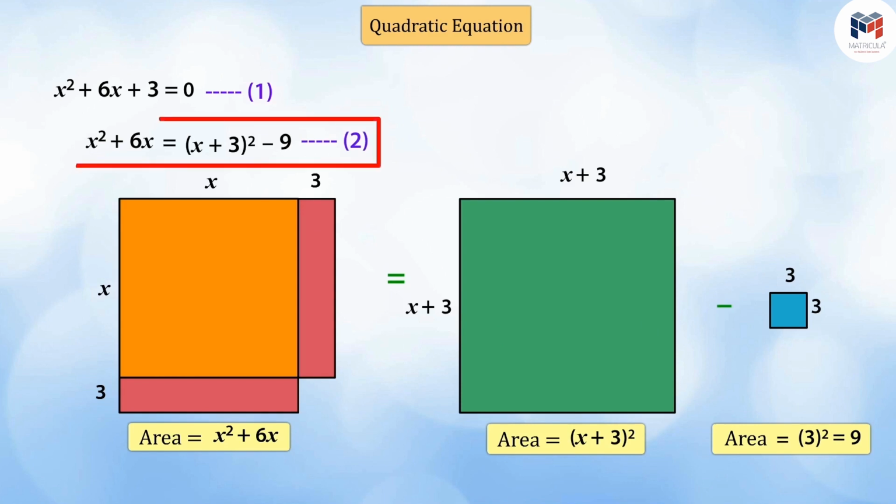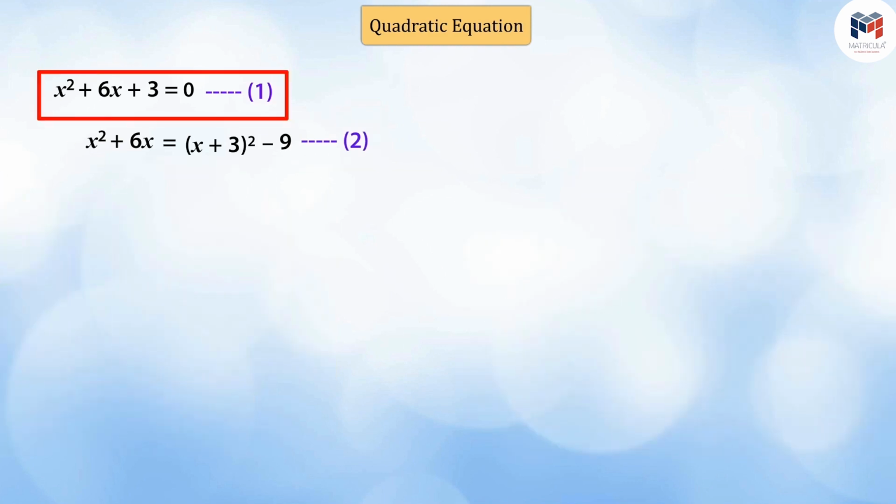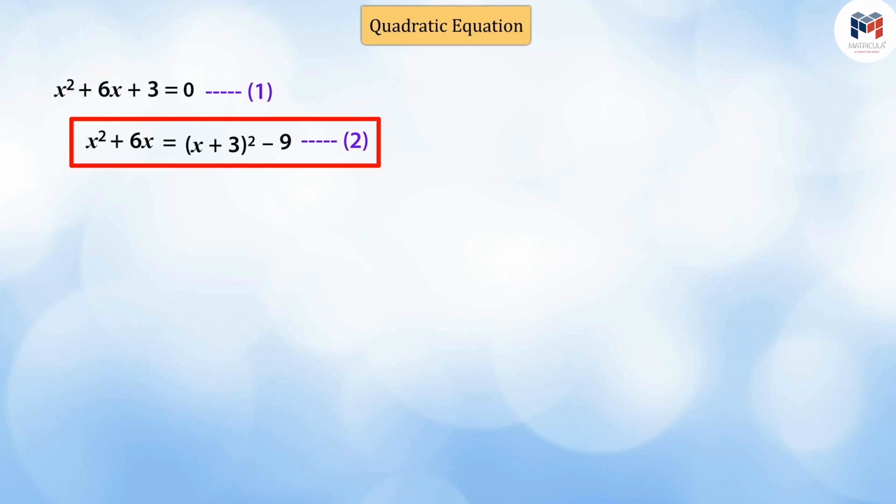On comparing this to the given quadratic equation, x square plus 6x plus 3 equals 0, we see that there is a shortage of plus 3 in equation 2.